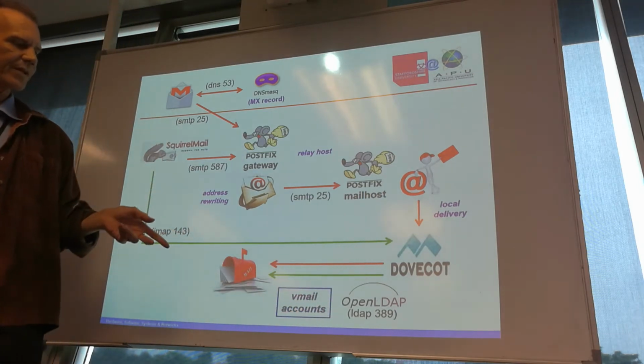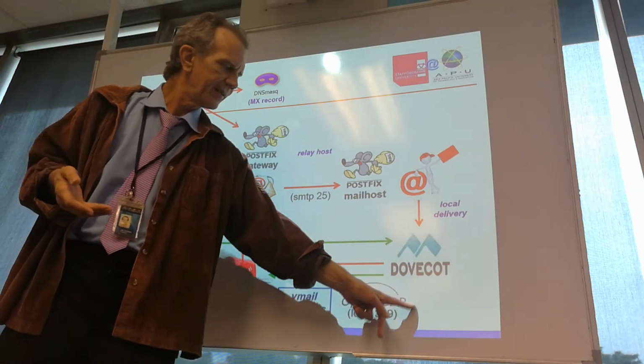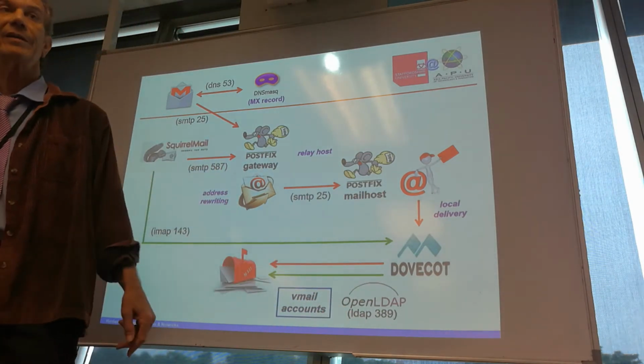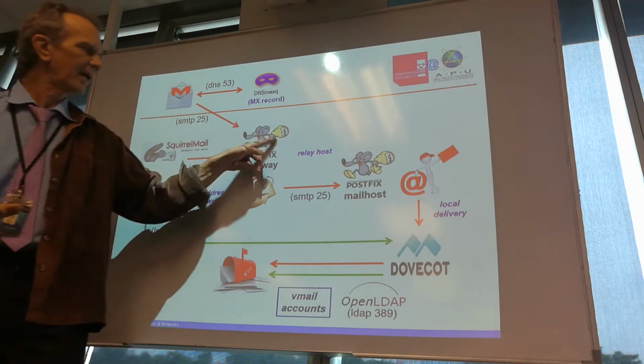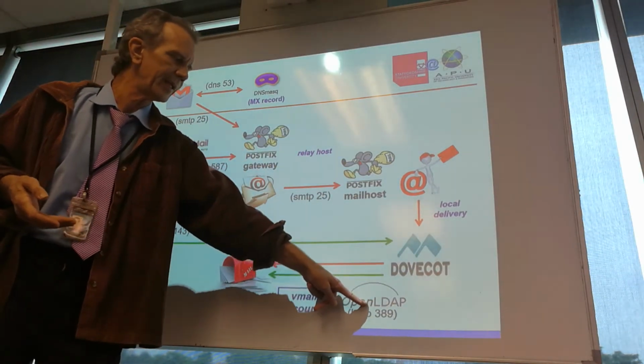Ultimately, what we want to do is have Dovecot get the information about authorized users from the LDAP server. So when a mail comes in and gets passed down to Dovecot, Dovecot can look at the LDAP server.